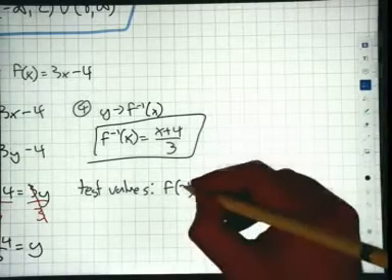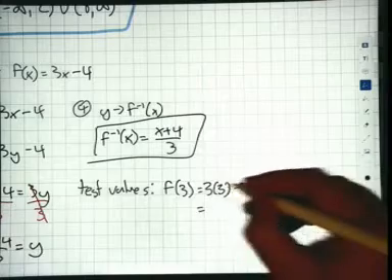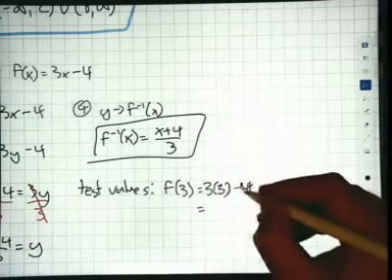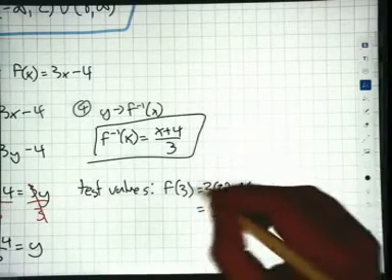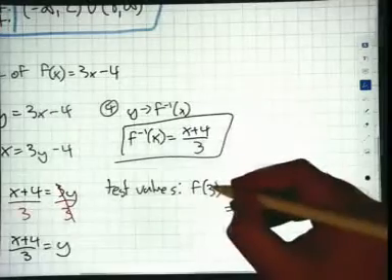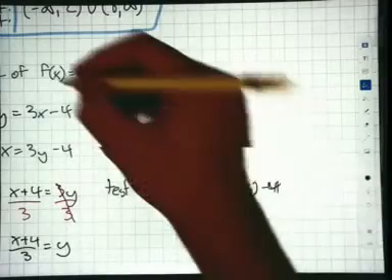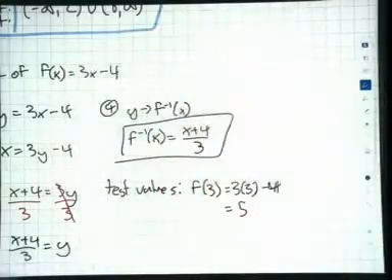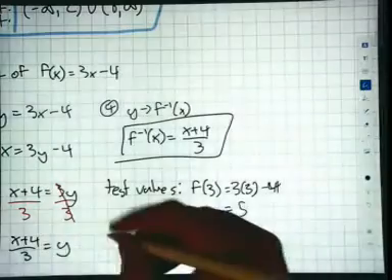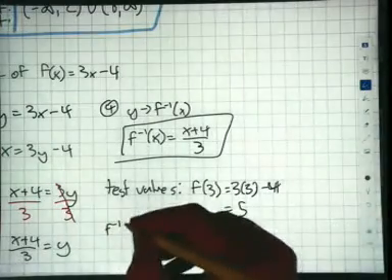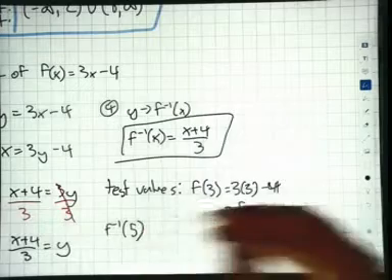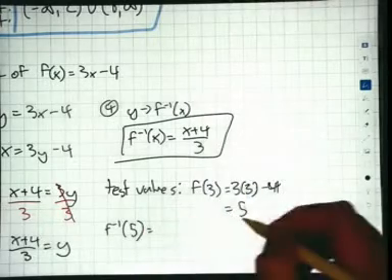Let's pick 3. Alright, that'll be better. 3 times 3 is 9, minus 4 is 5. So if you plug in 3, you get out 5 in f of x. Now, if we did things correctly, that means f inverse of 5 better be 3.